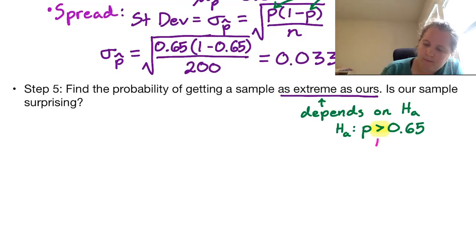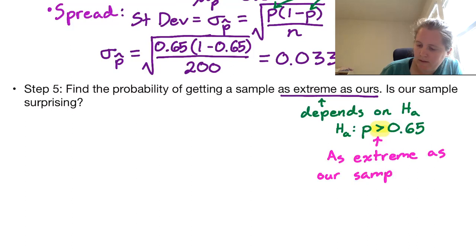So this means that as extreme as our sample means greater than our p-hat.